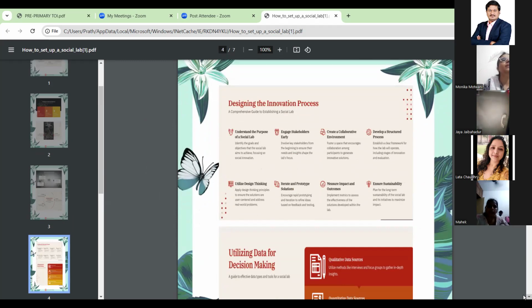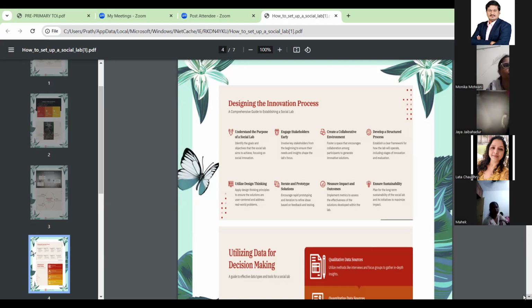This is a very innovative process: designing the innovative process, a comprehensive guide to the social lab. These are the various steps to understand how it works. Understand the purpose of a social lab.